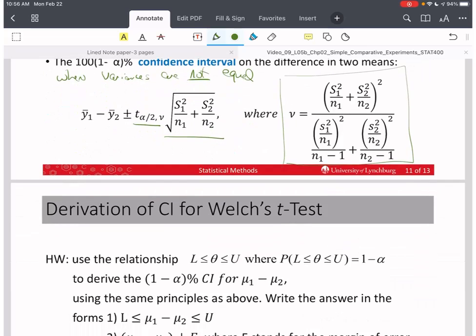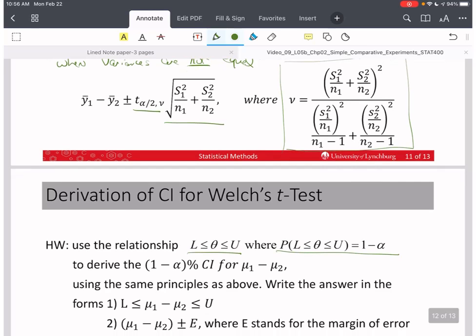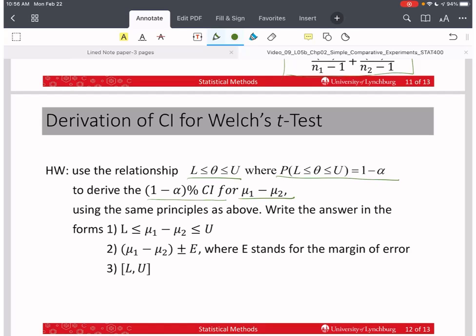So the homework is to use the relationship between L and U, where this is the coverage probability, and derive the 1 minus alpha confidence interval for mu1 minus mu2 using the same principles as we just did. Write the answer in 3 different ways.